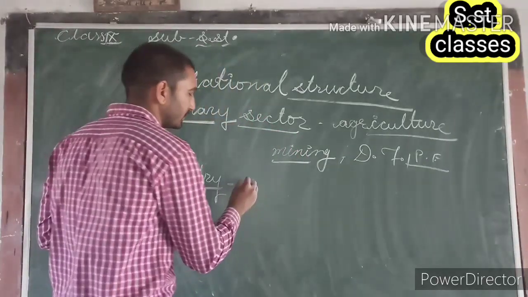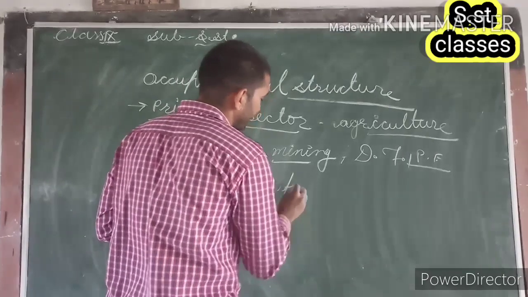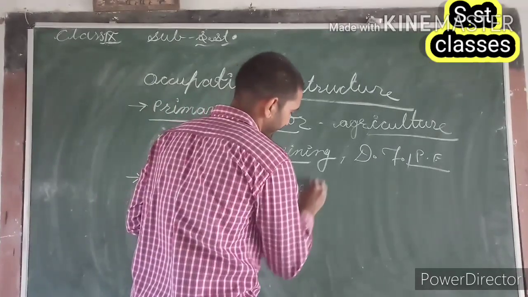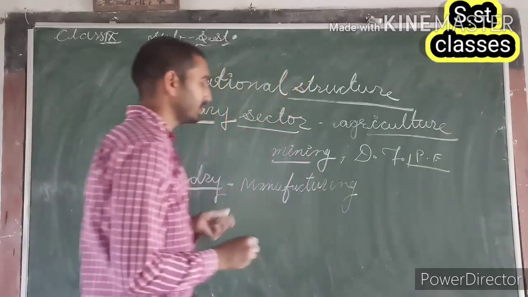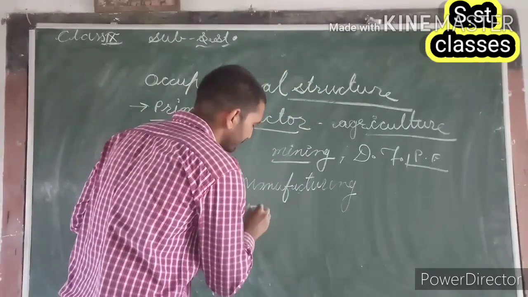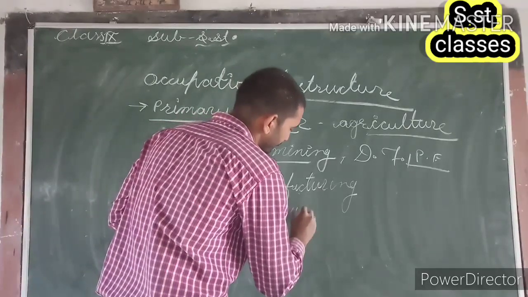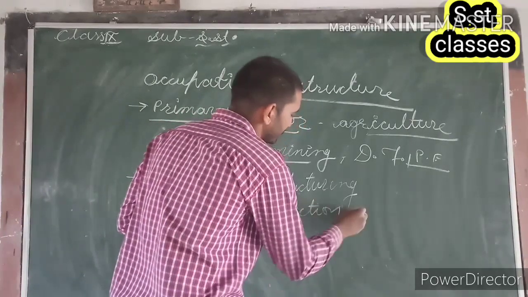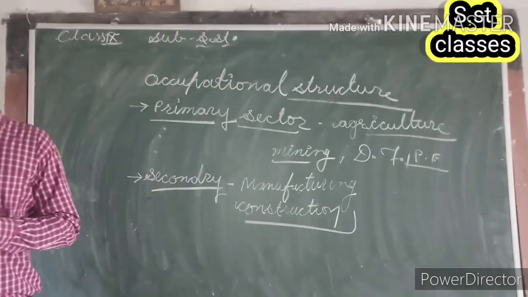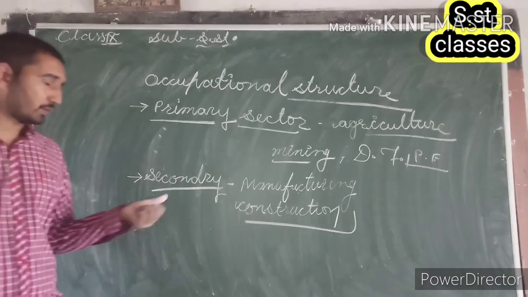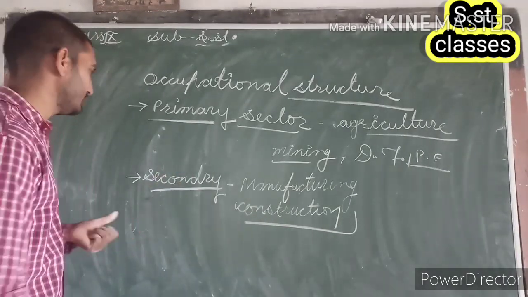The major part of this sector is related with manufacturing industries, and along with that the construction work, means the construction workers are also included in the secondary sector of economy.